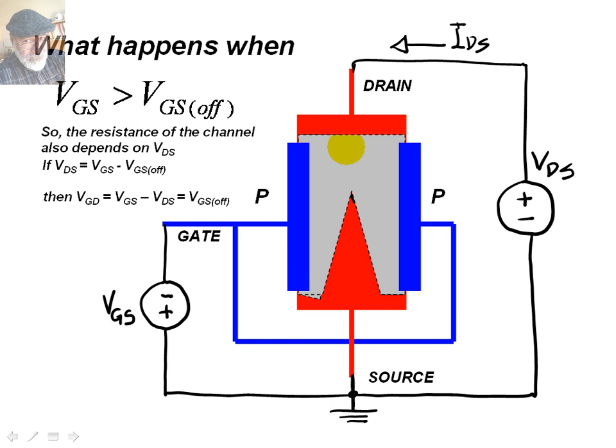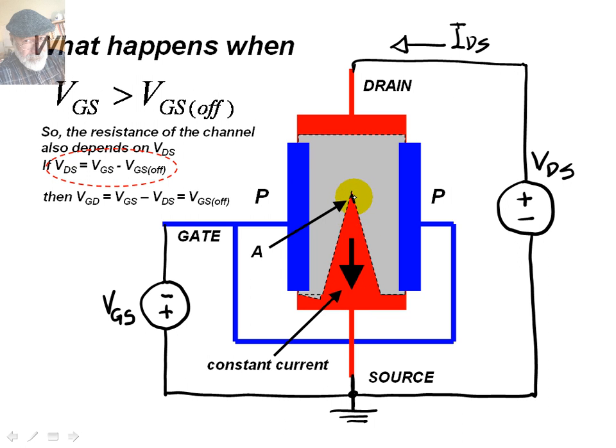And then we ask ourselves, does it mean that when this voltage VDS reaches the overdrive voltage VGS minus VGS off, the channel shuts off near the top and there is no current? No, not really. The current will not stop flowing in this situation because this point A continues to have the same voltage it had with respect to the source, and according to Ohm's law, there will continue to be a current flowing between A and the source.